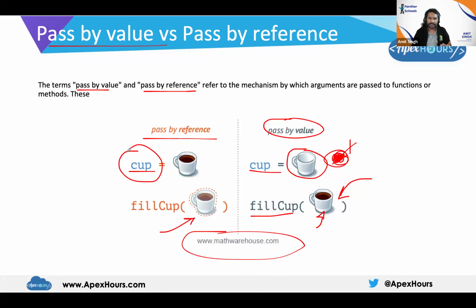I'm just taking a reference of senior developer. Or if I say, hey, Amit Singh, come with me, I'm giving a value. So this is the difference between pass by value and pass by reference.